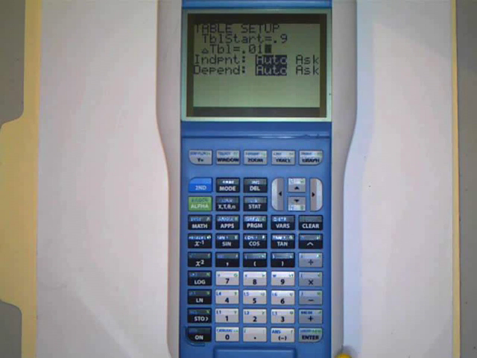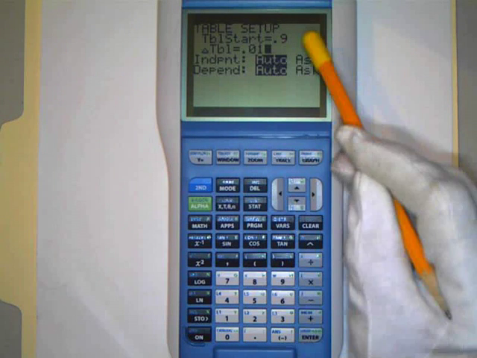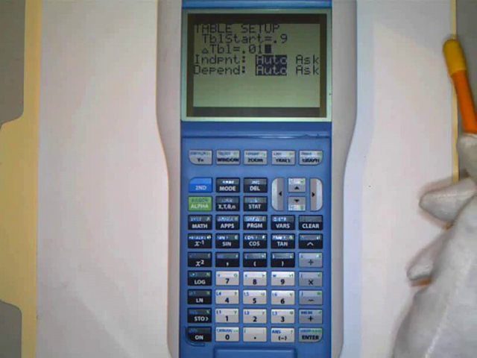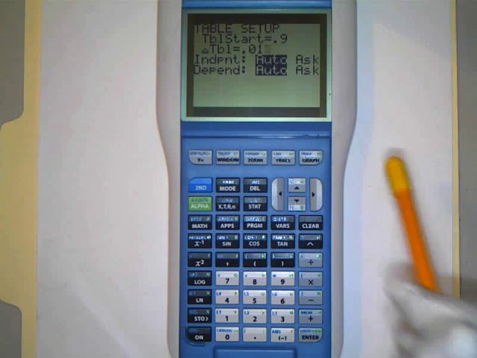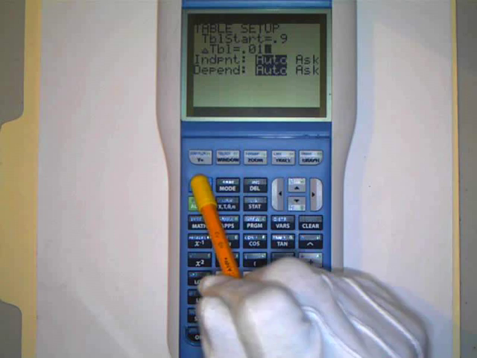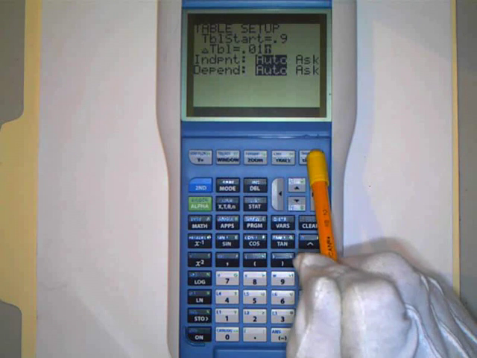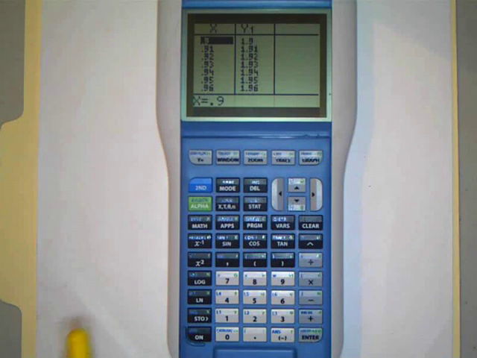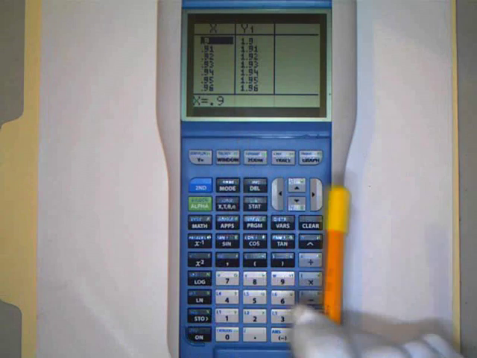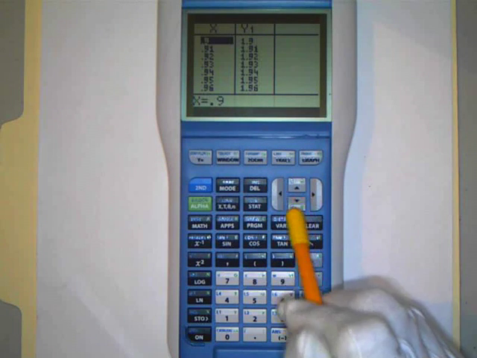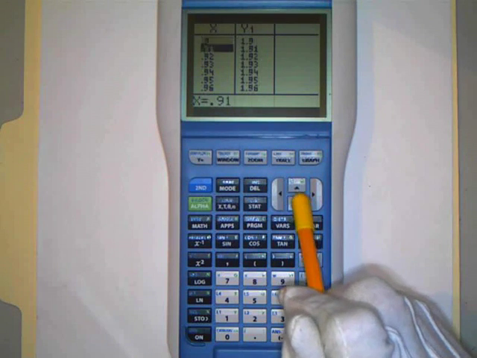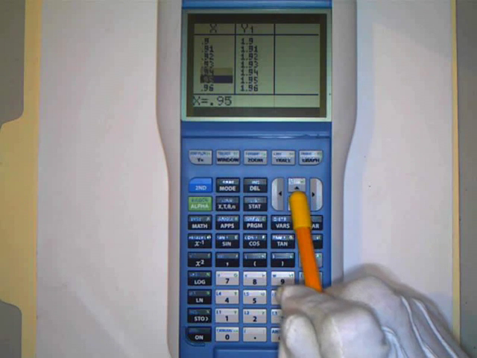So I'm going to go by hundredths, and there are 10 hundredths in a tenth, so this is a little bit more fine-tuned. Let's take a look at our table. So we go second, table. Now you can see I started at 0.9 and I'm increasing by hundredths: 0.9, 0.91, 0.92, 0.93, 0.94, 0.95, 0.96, etc.